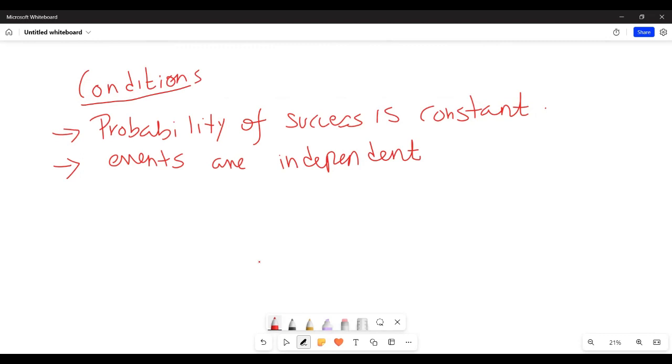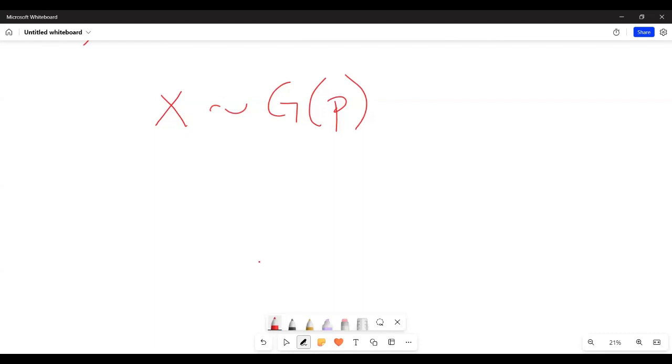Now I'm going to write a couple of formulas that you need to note down. For geometric distribution, the event is represented by G and the parameter of interest is P, the probability of success.